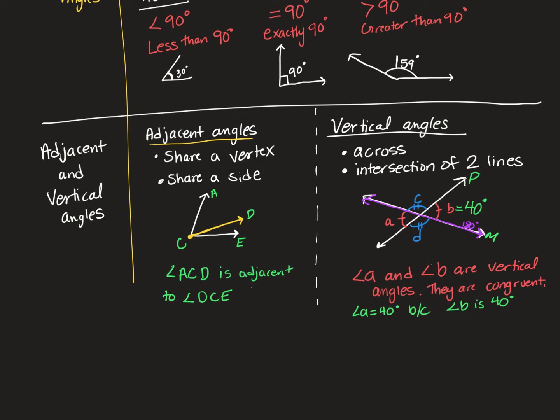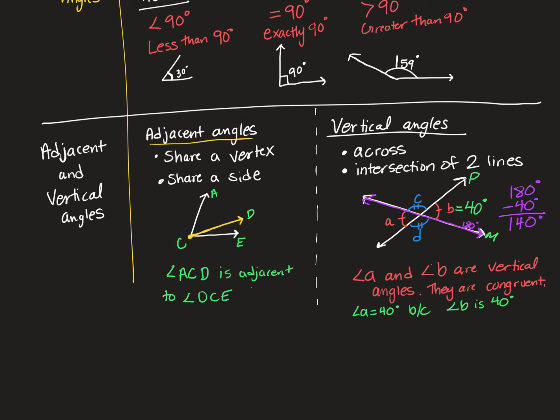So anyways, if this line is 180 degrees and the angles above it have to add up to 180 degrees, 180 minus 40 will tell you what angle C is. So what's 180 minus 40? 140.